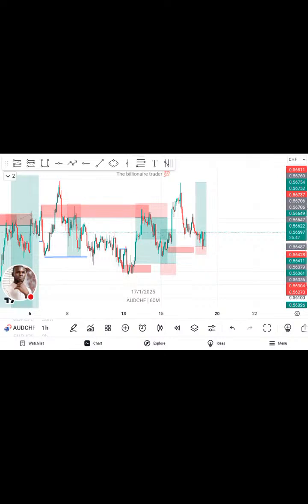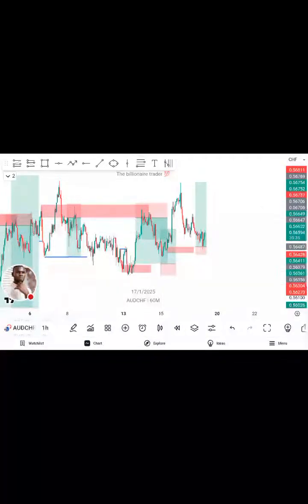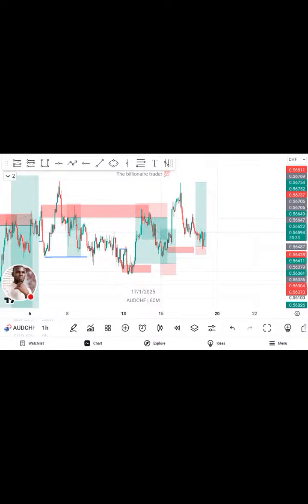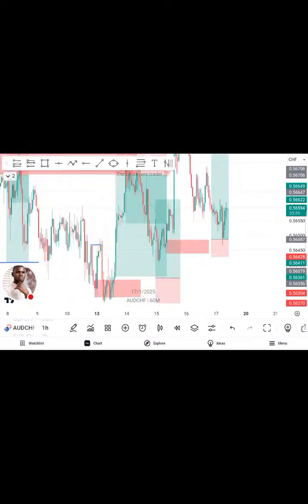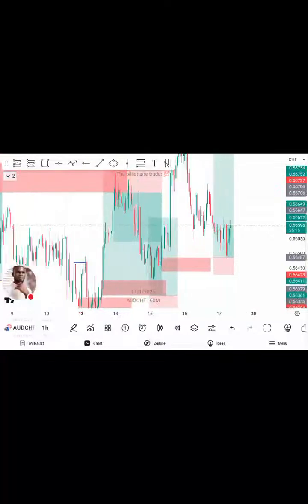And the logic behind the setup is that we have that demand zone.